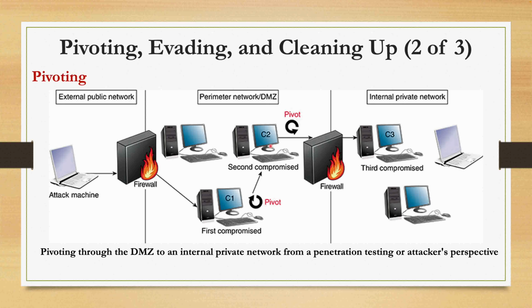After pivoting through C1, the attacker compromised C2 right now. The attacker is here. Basically, right now they have deeper access into the network, and they will try to get inside the private network here. They will use C2 as the next pivot point to bypass the second firewall you're looking at and access the internal private network, which is something we do not want.